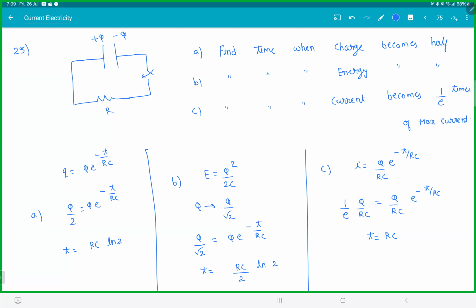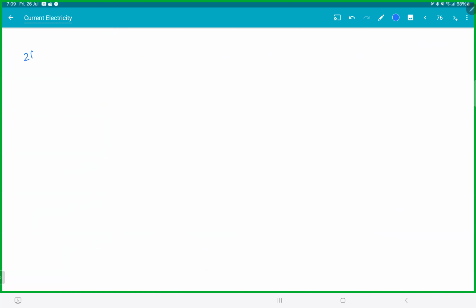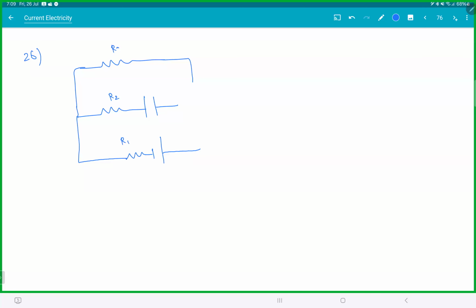Let's see something. Going ahead, any doubts on this? What if R1, R2, R3, we have a switch here.